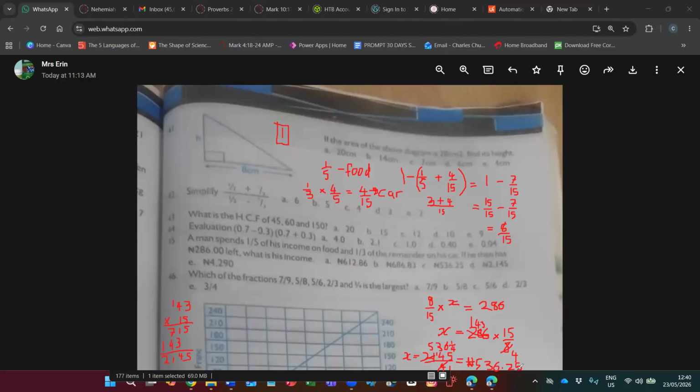The other thing that you have to depend on is your multiplication table skill, and of course your fractions. If you don't know how to deal with fractions, this question will throw you totally off balance. Okay. So is there any part of this question that you do not understand?